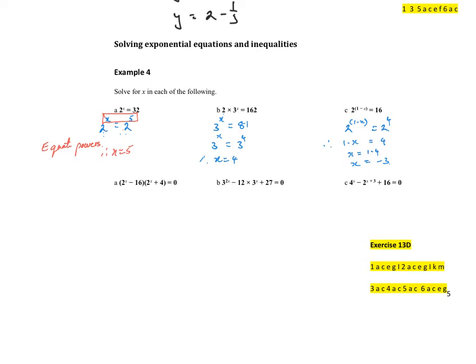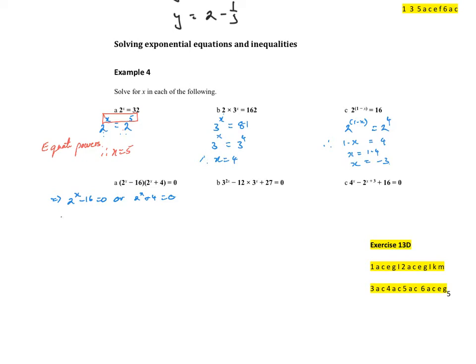We've got a null factor law here. If we've got a product of terms equal to 0, that means that 2 to the x minus 16 is equal to 0, or 2 to the x plus 4 is equal to 0.